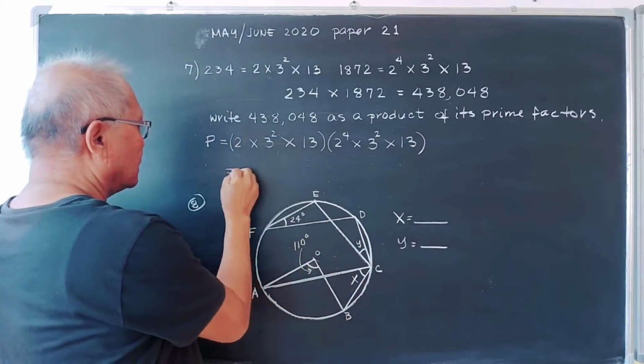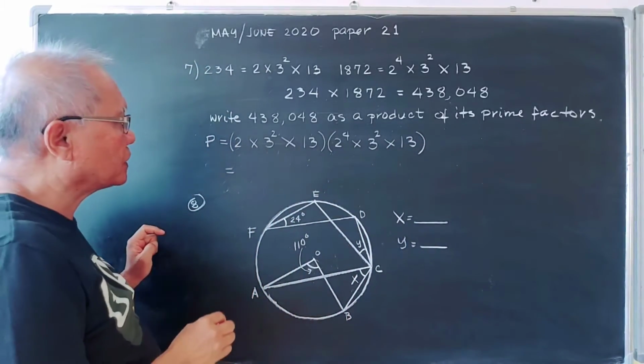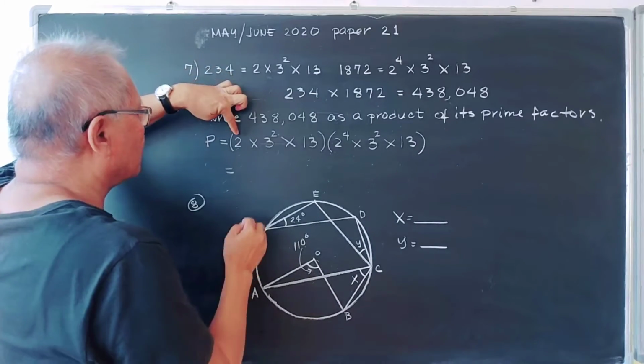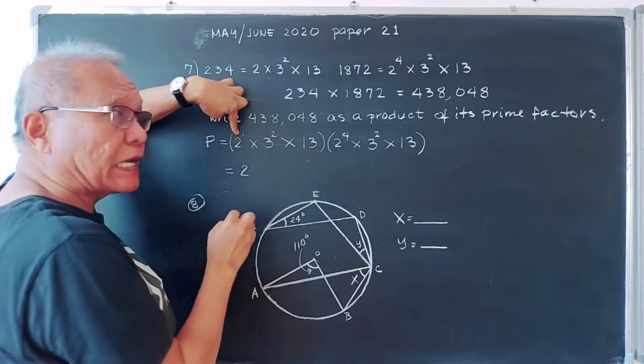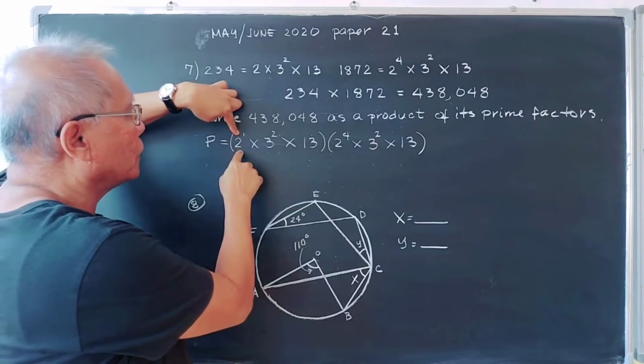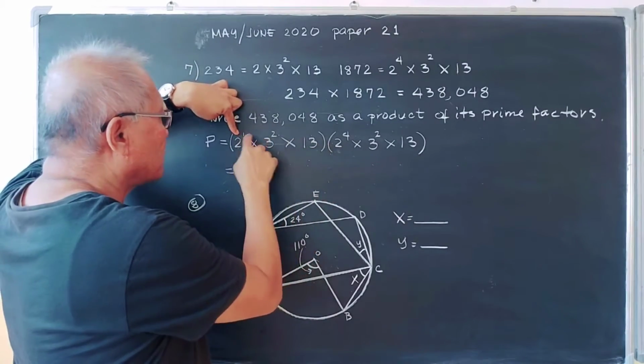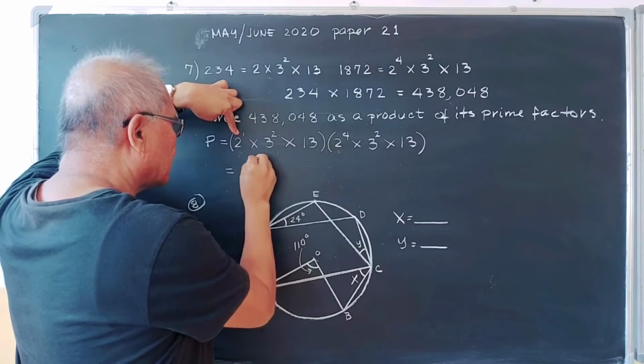And what do we do with our exponents? Law of exponents. We have 2 to the first, and we add the exponent of 2 and 2 to the fourth. So 1 plus 4 is 5.